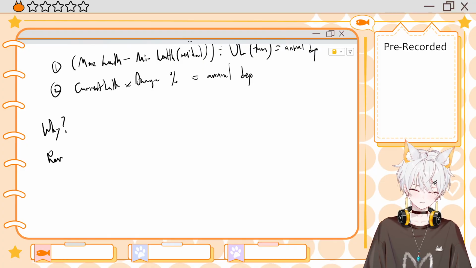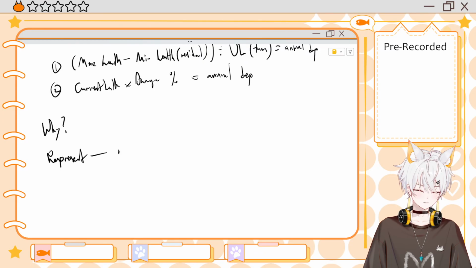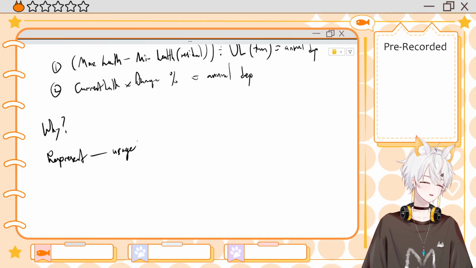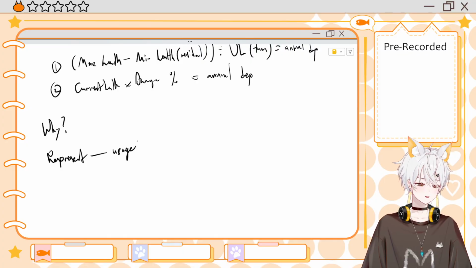To represent the usage. Because sometimes you don't use something consistently over time. Maybe this machine is specifically for seasonal use. When the time comes for this period, you use it.